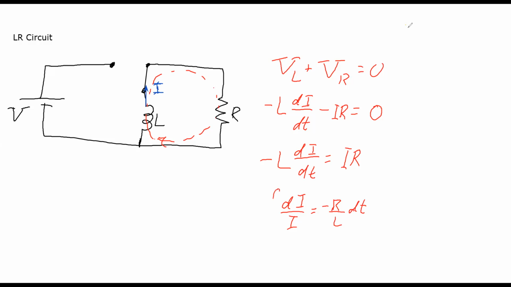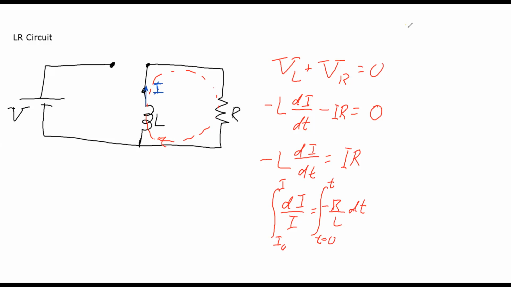Okay, and now I'm going to integrate both sides. The integral goes from I0, my initial I, to some final I, and from my initial time, let's say time equals 0, to some final time t.